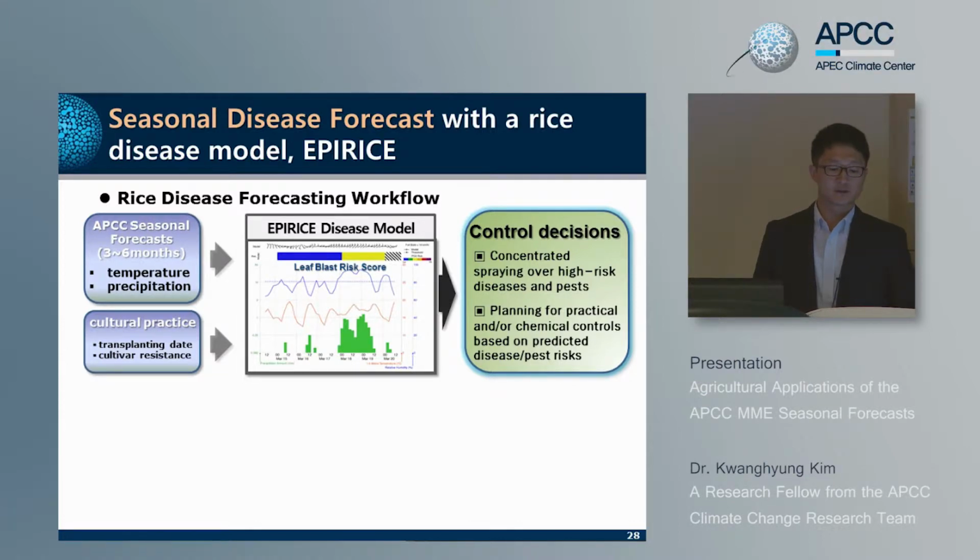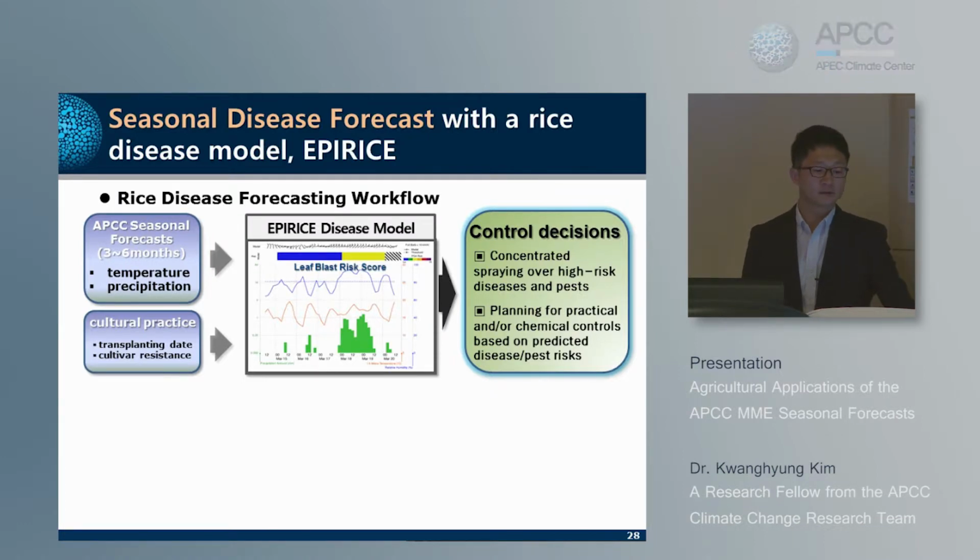For the seasonal disease forecast, APCC seasonal forecast information like temperature and precipitation is used as an input together with cultural practice information for that specific field. The final output could be used for control decisions by stakeholders, such as concentrated spraying over high-risk disease and pest areas. And based on the disease information, farmers and policymakers can plan for practical chemical controls for that season.